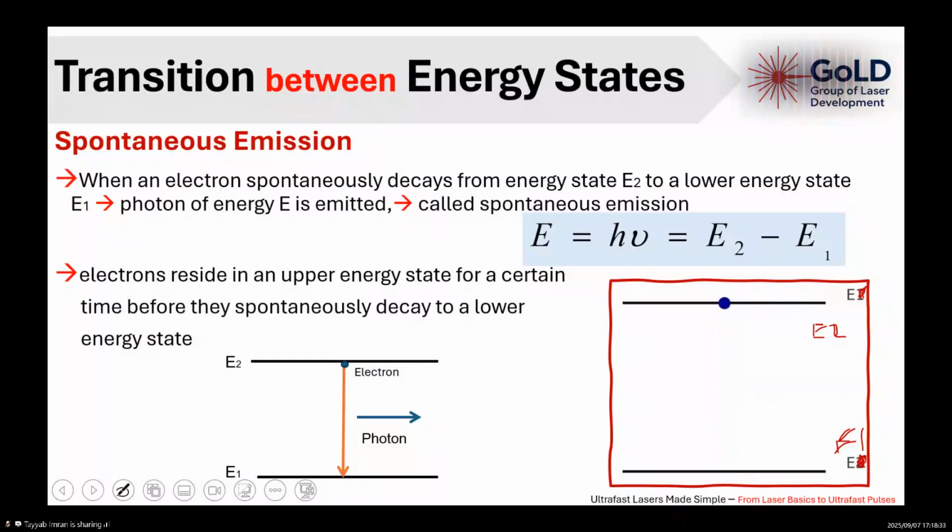This phenomenon is happening, and this release of photons, if many photons are released in this way, they may not be coherent to each other. So this is a pretty random process.